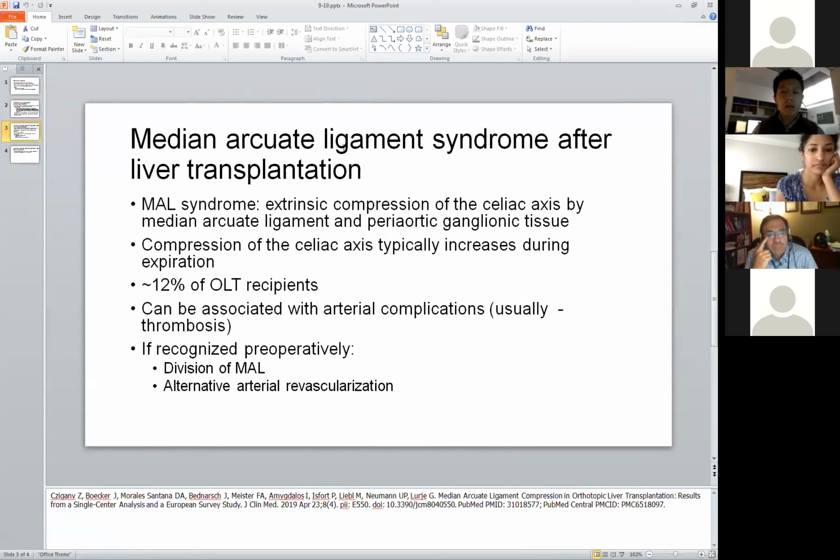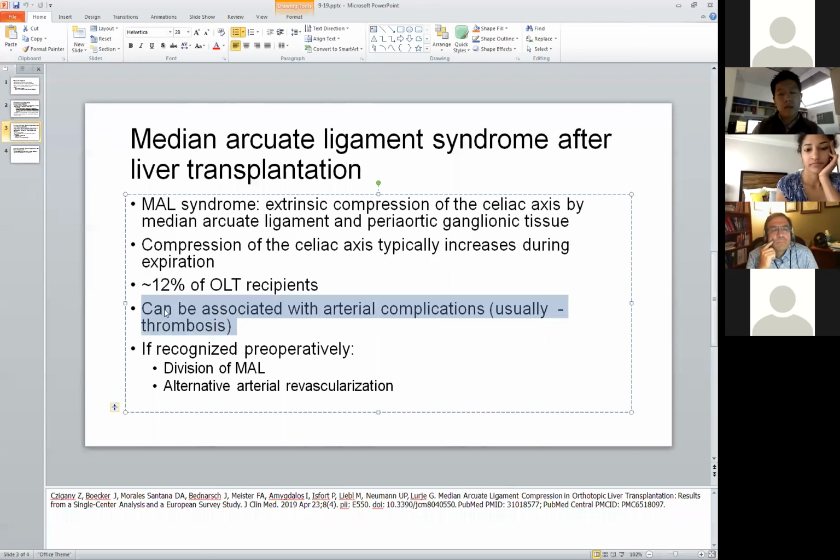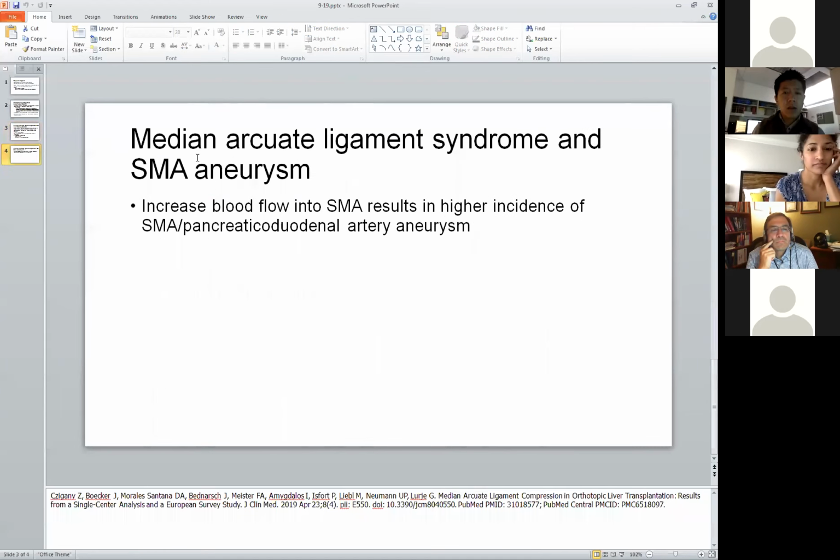So if the surgeon notices, they often will either divide the ligament, or use alternative revascularization with a bypass graft from the aorta. The most common complication is thrombosis of the transplant artery. And it's actually not uncommon. About 12% of liver transplants have at least some degree of median arcuate ligament.